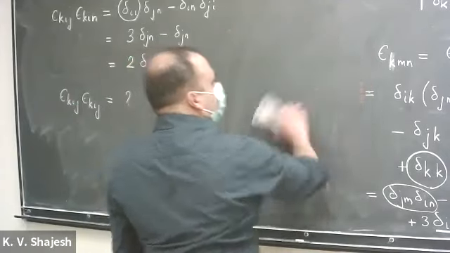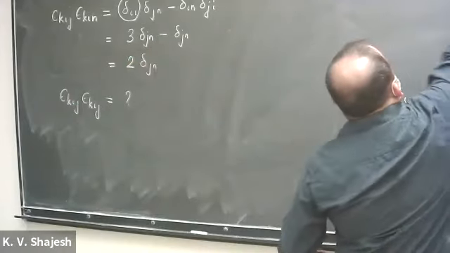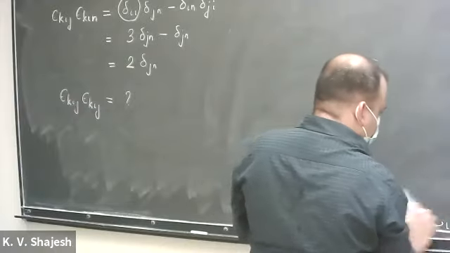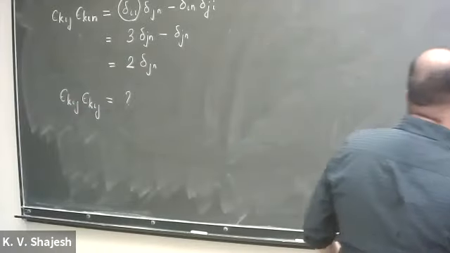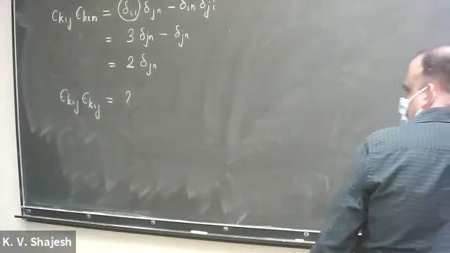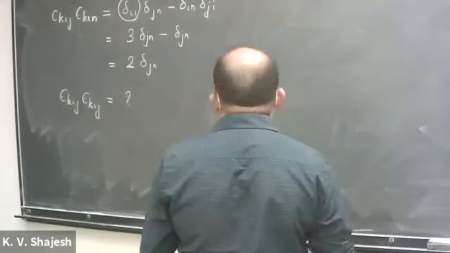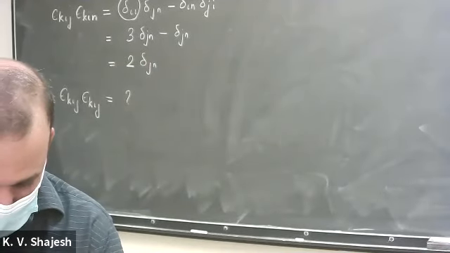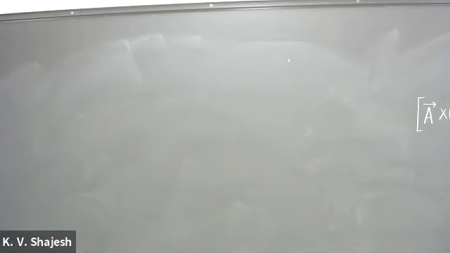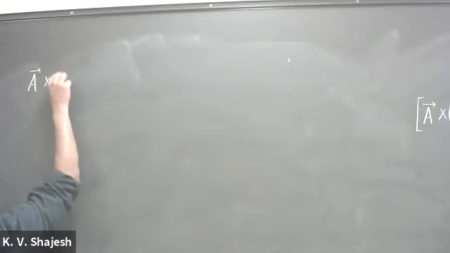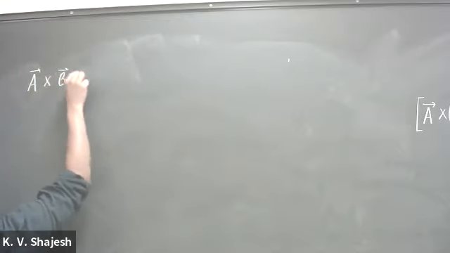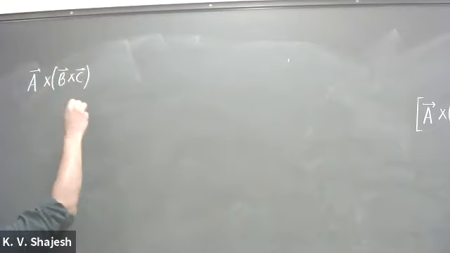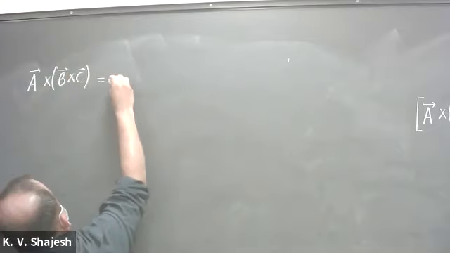So now we know how to do the double cross product, let's say. One counterintuitive thing we learned is that A cross B cross C, which we knew all the time, but now we want to exploit this further.